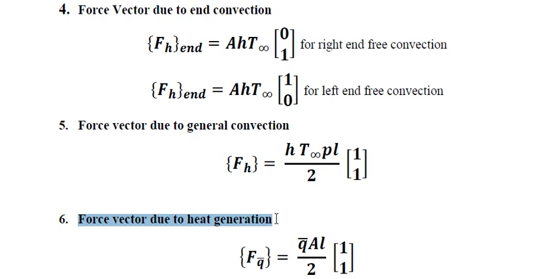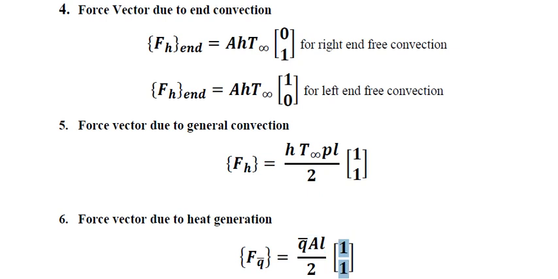Similarly, force vector due to internal heat generation. Internal heat generation with heat flux value Q bar is given as internal heat generation into volume. Volume is A into L. So internal heat occurs throughout the volume, and it occurs from node 1 to node 2, that is by [1 1].